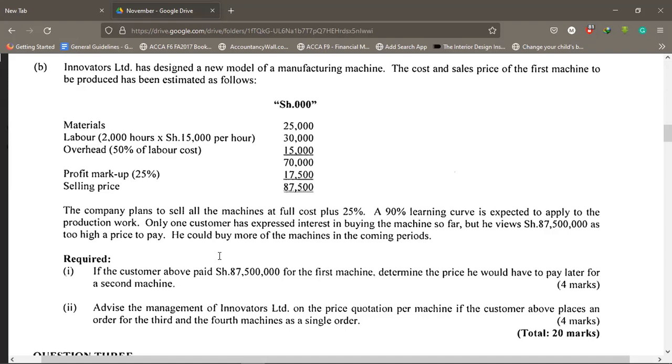Because I think the labor hours to produce the first machine I've been given is 2,000 hours. But what is our X? Somebody give me the X that we're supposed to use. How should it be?